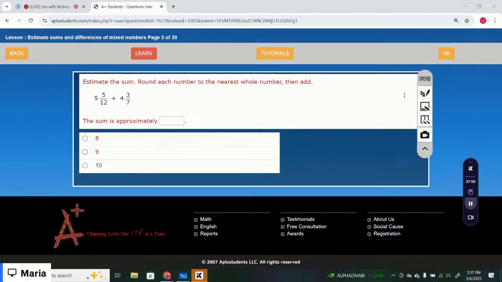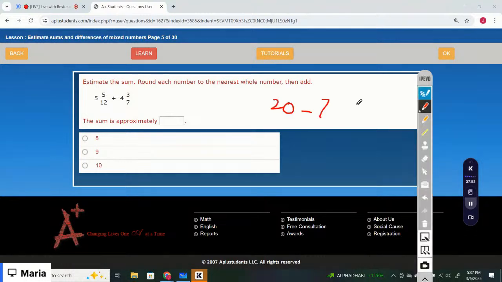Here, the fractional part is 5 over 12. You have to compare it to 1 over 2. If that is greater than 1 by 2, you need to round up. And if that is less than 1 by 2, you have to round down. How do you know if it is greater than 1 by 2 or less than 1 by 2? Just look at the denominator. 12 it is. Half of 12 is 6, but here you have 5. 5 is less than 6. So that means 5 by 12 is less than half. So you need to round down to the same whole number, that is 5.